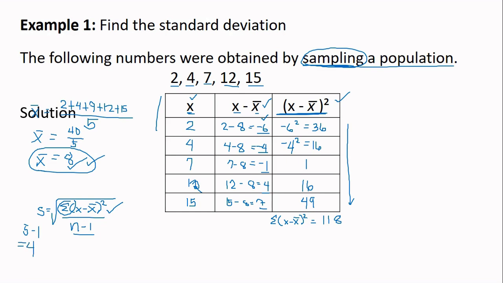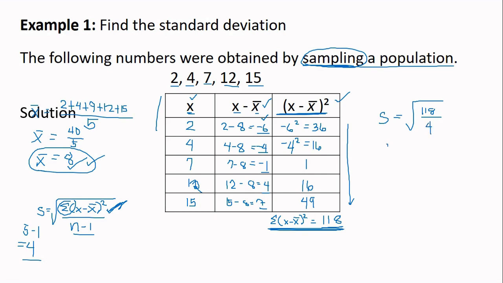So to solve it, we just substitute the values above. The summation of the third column, so that would be the square root of 118 over n minus 1, which is 4 over 4.